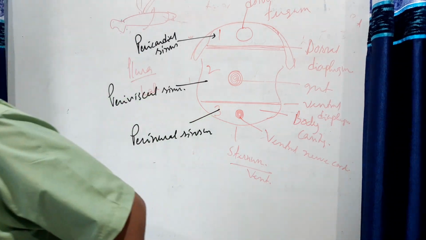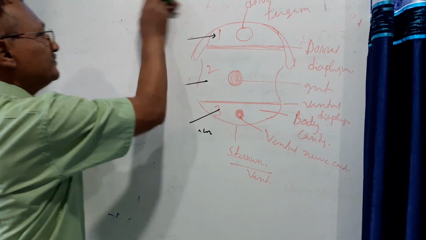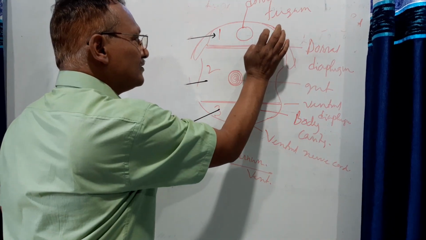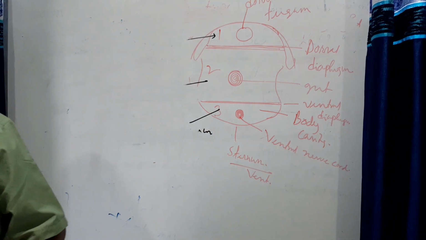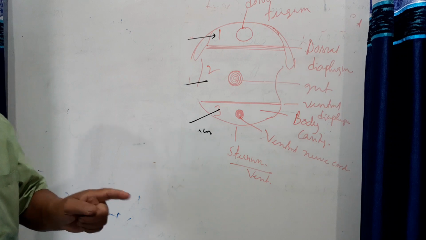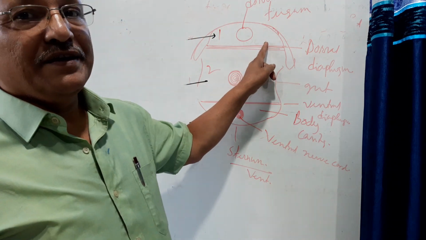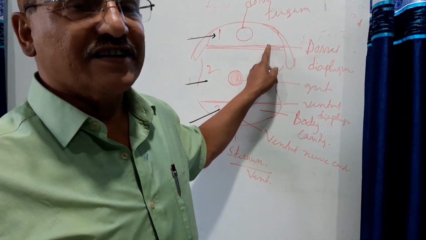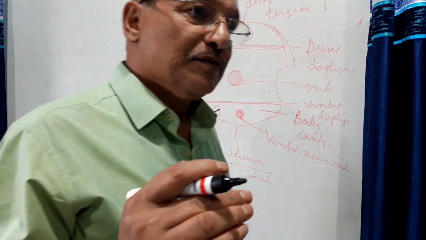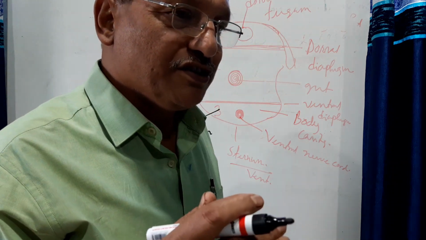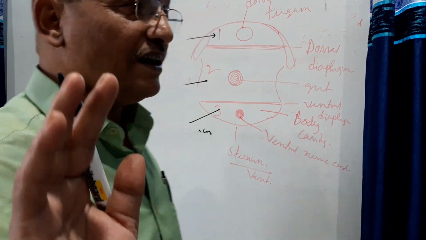So you see, it is the dorsal part, and it is the ventral part of the insect. The dorsal vessel is situated at the pericardial sinus, and this dorsal vessel runs from the posterior region to the anterior region along the dorsal body wall.